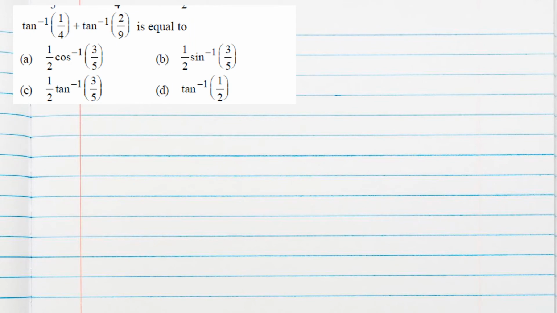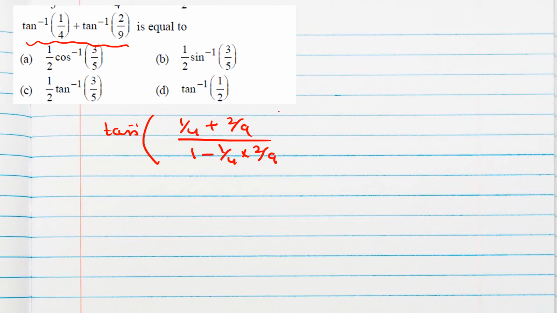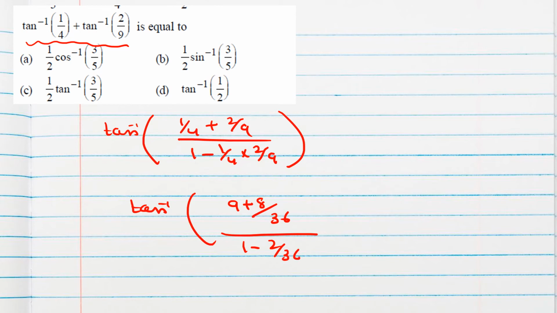Tan inverse 1 by 4 plus tan inverse 2 by 9 is equal to. First we will apply the formula here. So tan inverse of A plus B, that is 1 by 4 plus 2 by 9, over 1 minus 1 by 4 into 2 by 9. So tan inverse of 9 plus 8 by 36, and here 1 minus 2 by 36.